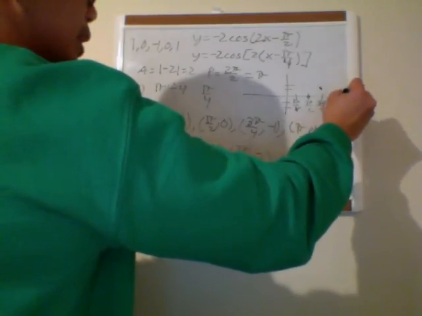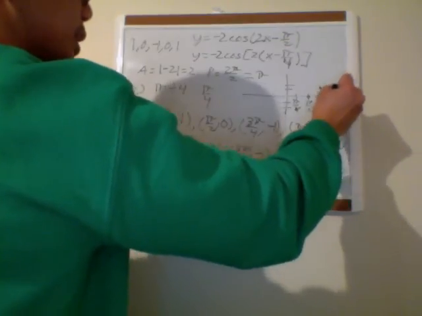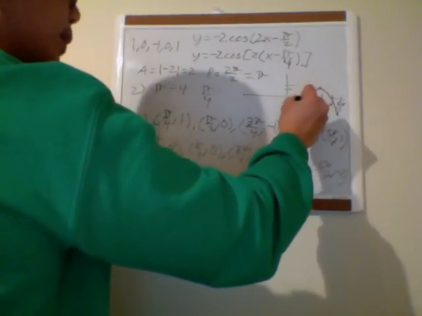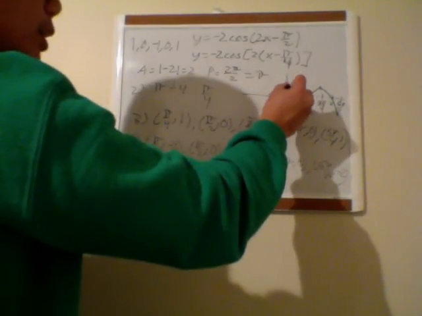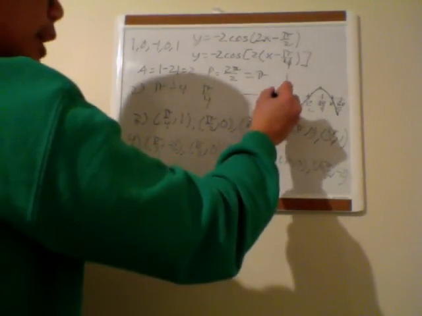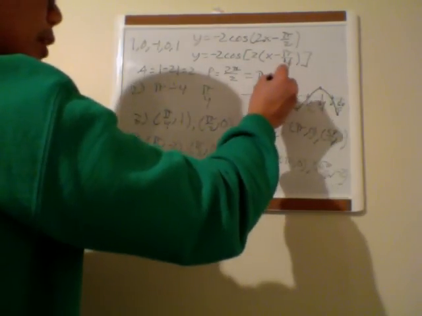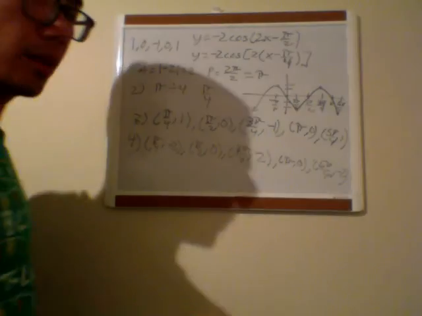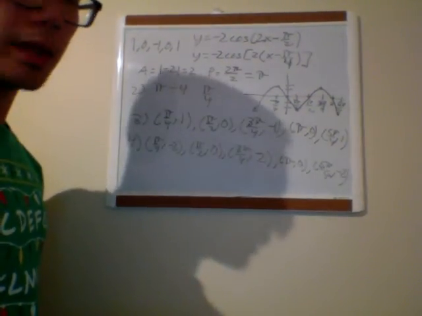And at 5 pi over 4, I'm back at -2. So my cosine wave looks like that. And since it's even, I know at pi over 2, I'll be back here. At negative pi over 4, I'll be back up here. So I know it's going to go up here and down here. Okay. So that is my cosine wave.